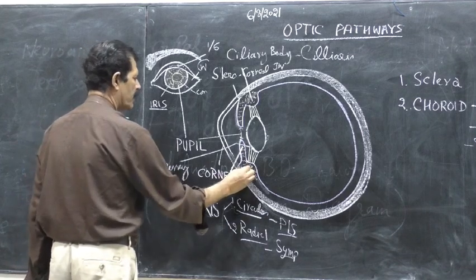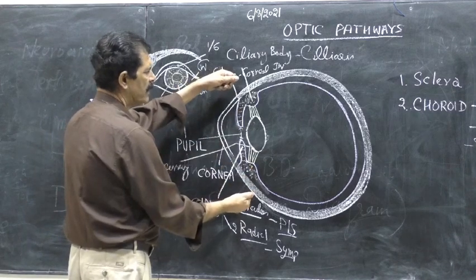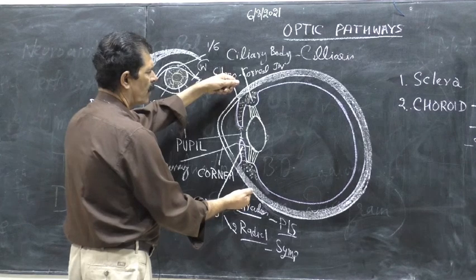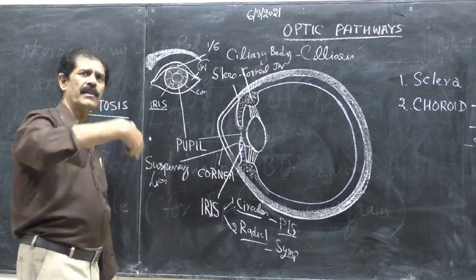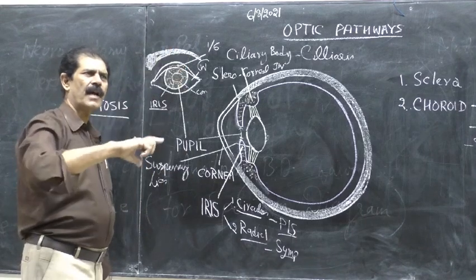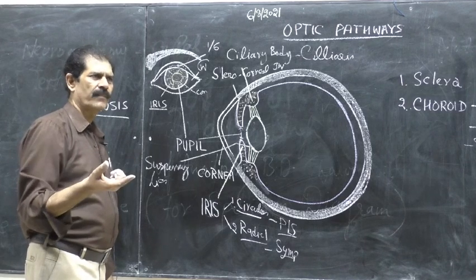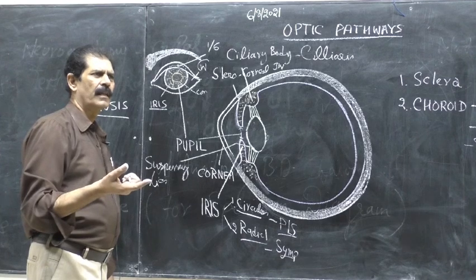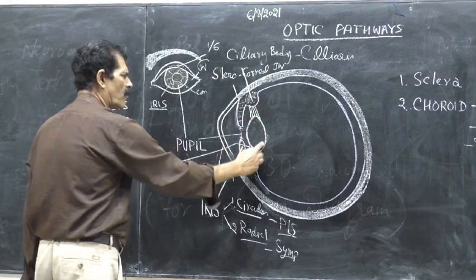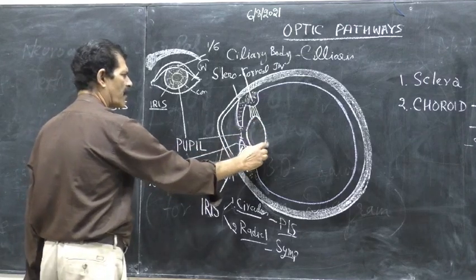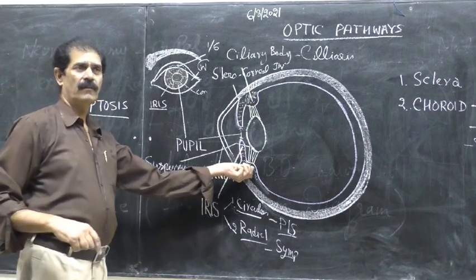Contraction of the ciliaris muscle in the ciliary body will make the lens more convex or less convex depending upon near vision and distant vision. The thickness of the lens changes; it becomes more convex in near vision, and in distant vision it becomes less convex. So a biconvex lens is present in our human eye. Again the smooth muscles play the role.